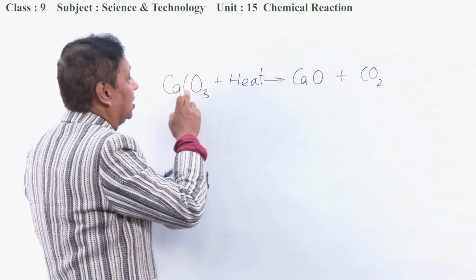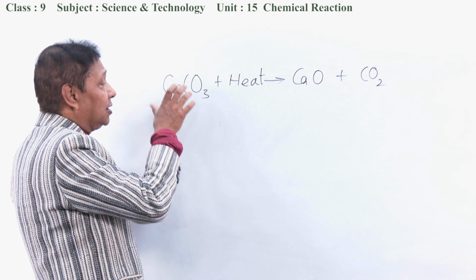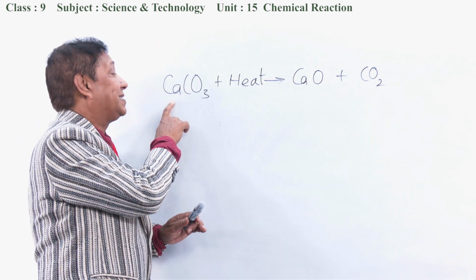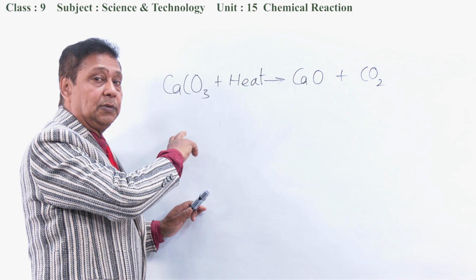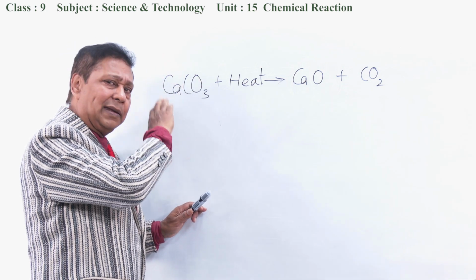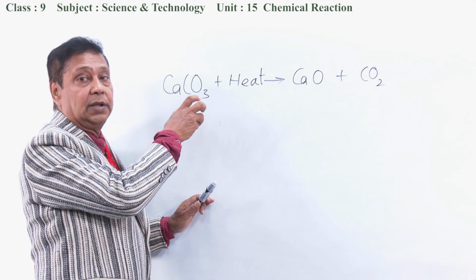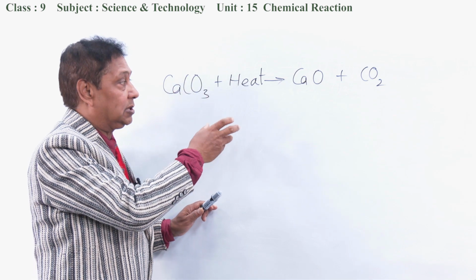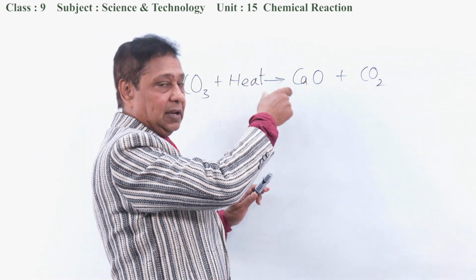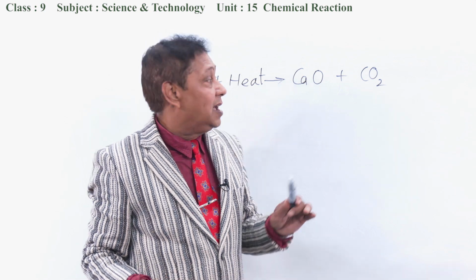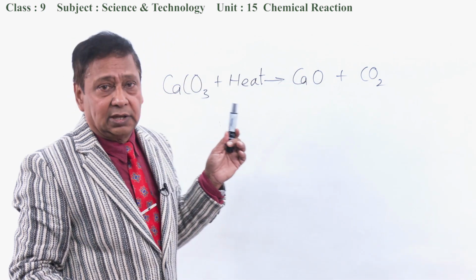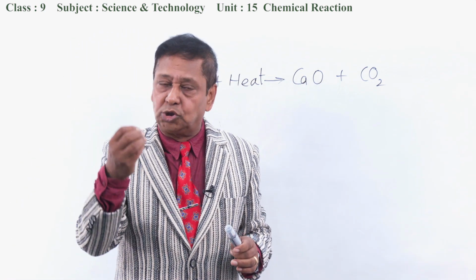And here carbon 1, calcium 1, calcium 1. Not only this, every metallic carbonate, maybe zinc carbonate, sodium carbonate, aluminium carbonate, calcium carbonate, magnesium carbonate, when heated at high temperature, decomposes to form the respective metallic oxide and carbon dioxide. And in this process, heat energy is absorbed.